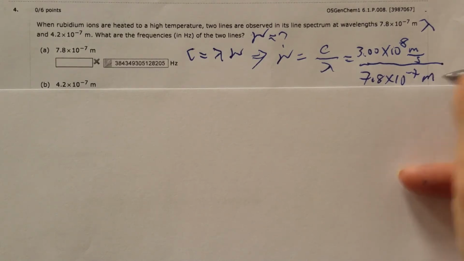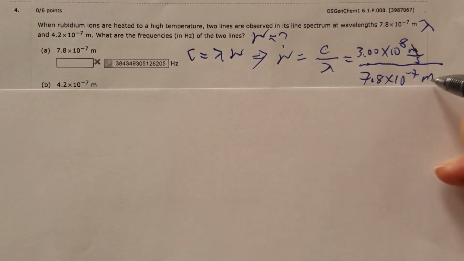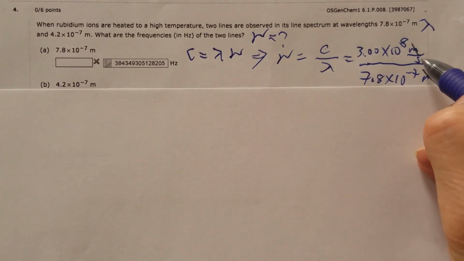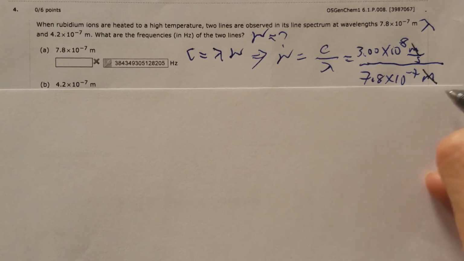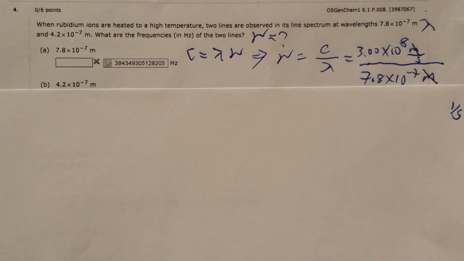As you can see, the meter on top and the meter on bottom can be cancelled. So therefore, the final answer should have a unit of 1 over s, which is the frequency unit.